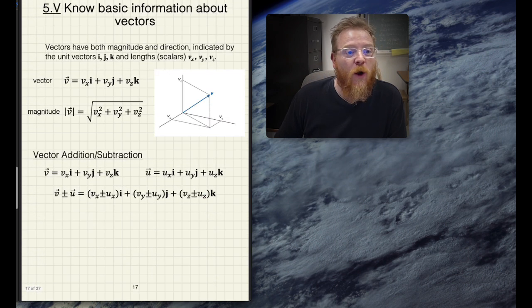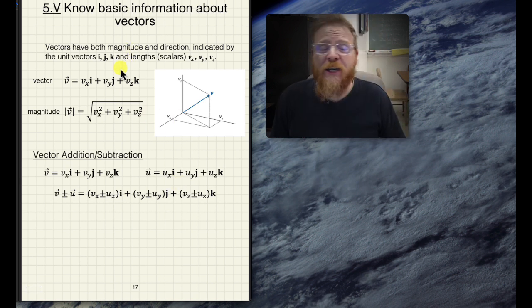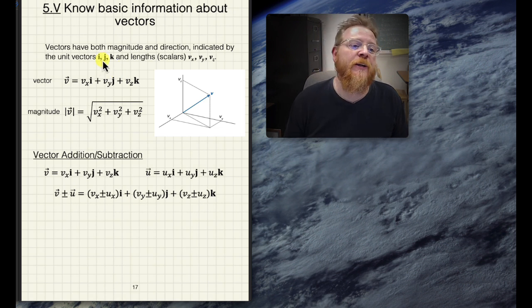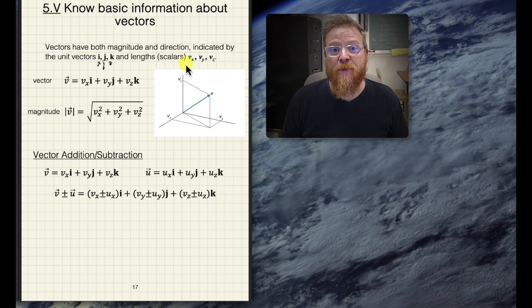Okay, so vectors have both magnitude and direction. Their direction is indicated by the unit vectors I, J, K, corresponding to X, Y, and Z, and the lengths of those vectors are given by their scalars, in this case Vx, Vy, Vz.